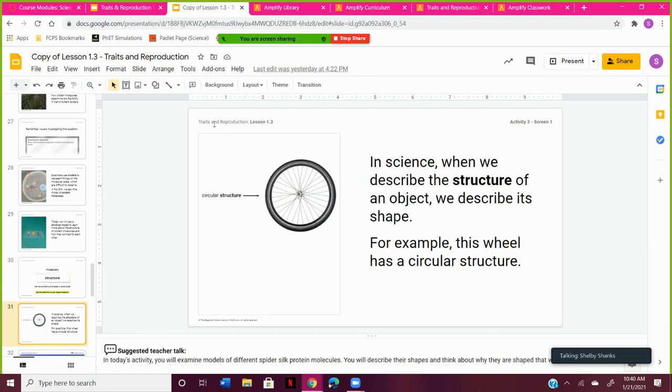All right, so in science, when we describe the structure of an object, we describe its shape. So if you're looking at this wheel, it has a circular structure, right? If you're looking at a building, it has a rectangular structure, right? So this has a certain type of structure.